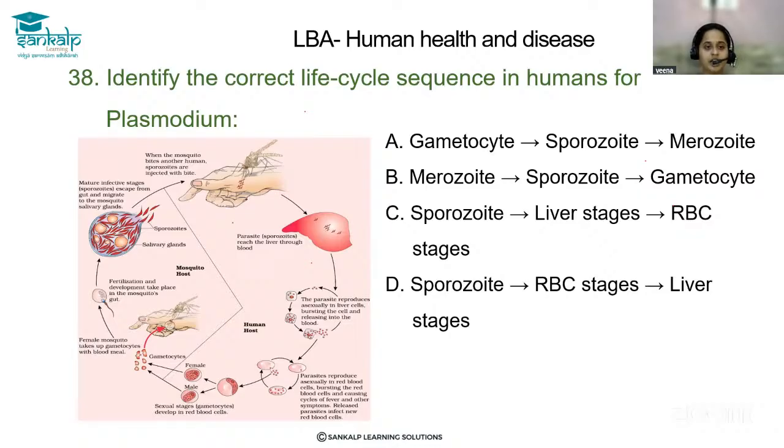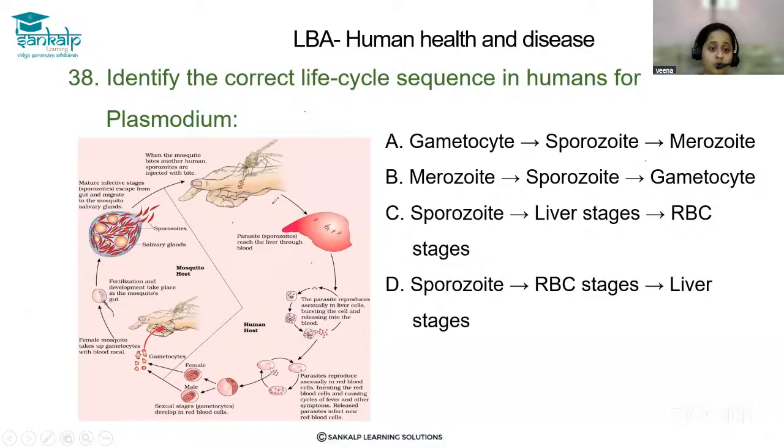Let's solve question 38. Identify the correct life cycle sequence in humans for Plasmodium. So, dear students, we have already discussed the life cycle of Plasmodium inside the mosquito as well as the human.